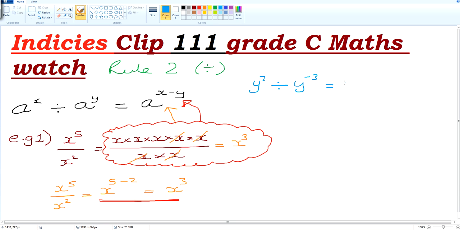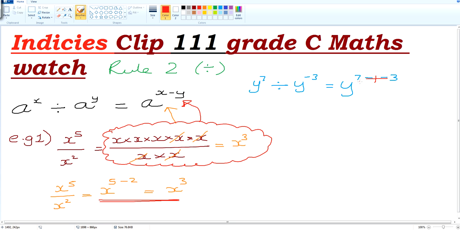So, what does that give us? The rule says the first index minus the second one. So y to the power 7 minus minus 3. Don't get confused with the two minuses. We have to apply our rules. When you have two minuses, the minuses join up, combine and become a plus.